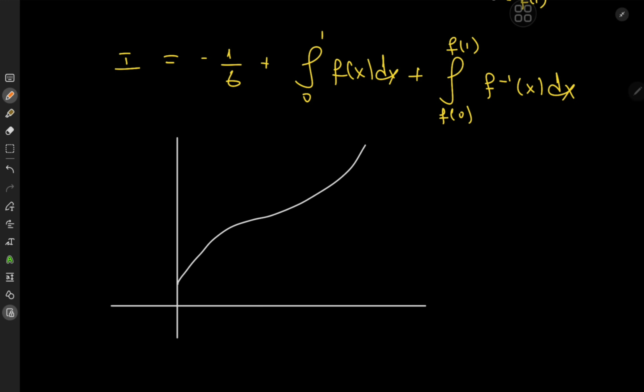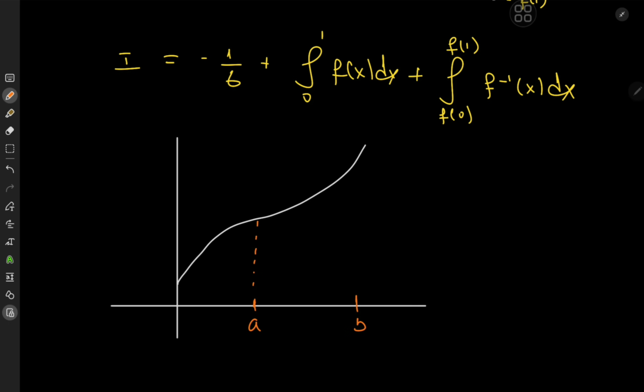Now, I'll link Daniel's full video in the description box, but here's a brief overview of it. So we have an increasing function in the diagram. Our function, of course, is a decreasing one, but it works either way. All we need is some injective function. So this here is the point a on the x-axis, and this here is the point b on the x-axis.